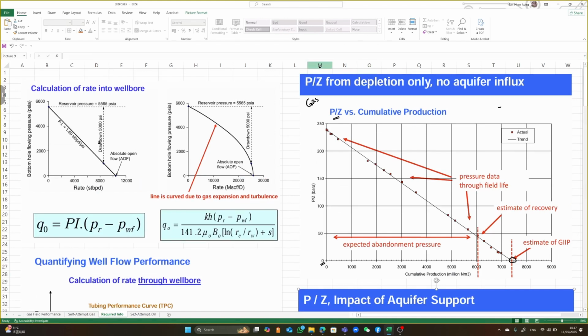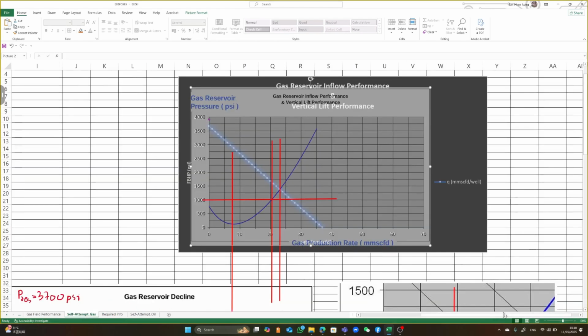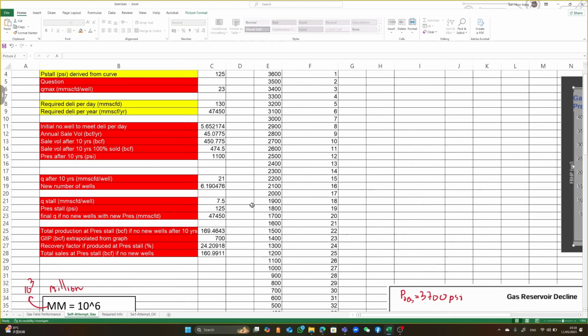Okay, so as I said, we have two types of scenario. Given the data, we can calculate how they are declining, but in this example, we are not given any permeability, height, viscosity, formation volume factor, skin factor, etc. So we're just going to do a simple one, which is flow rate is equal to productivity index times reservoir pressure minus well flow pressure.